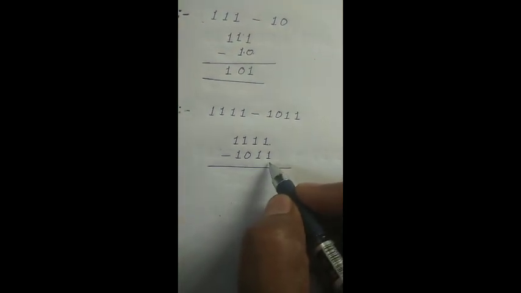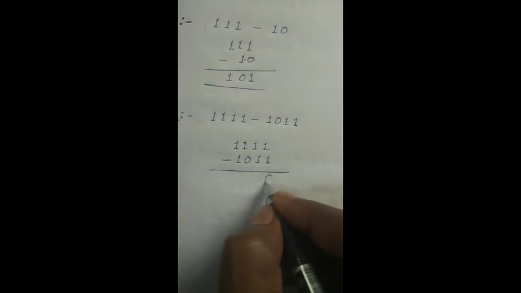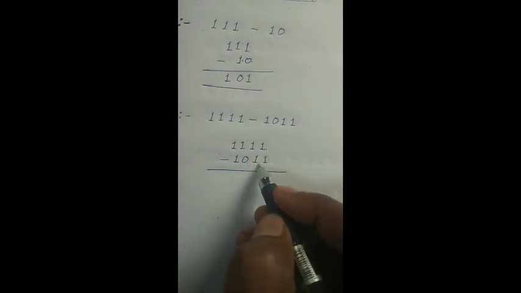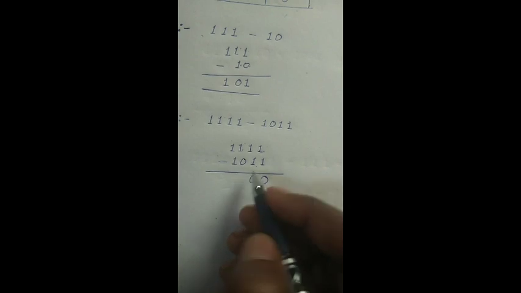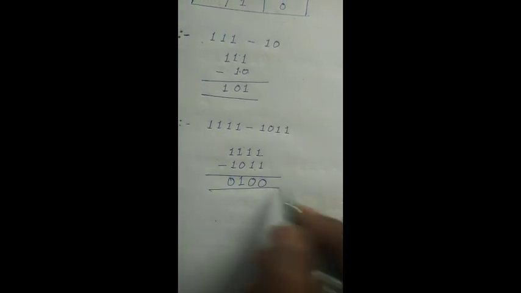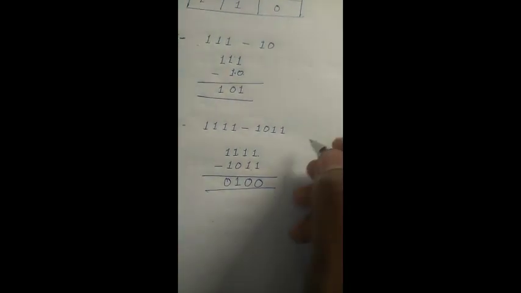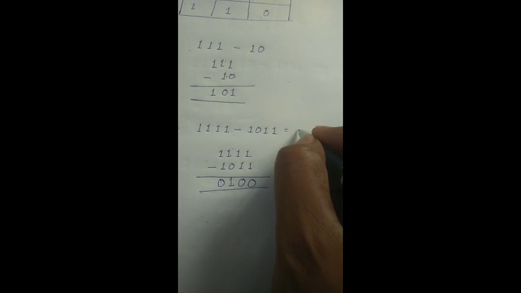It will be 0. 1 minus 1 is 0. Again 1 minus 1 is 0. Then 1 minus 0 is 1, and 1 minus 1 is again 0. So this is how we are going to subtract. The answer is 0100. This is the answer.